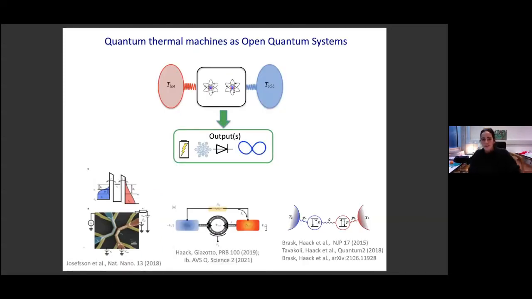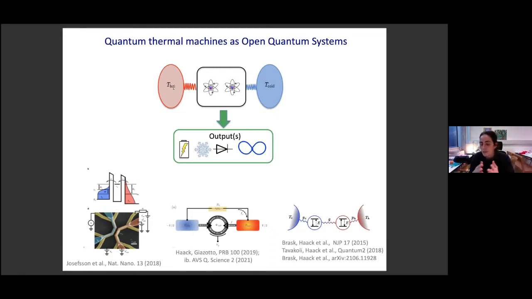First, this work was motivated by investigating the quantum dynamics of quantum thermal machines. Let me briefly remind, for those who are not so familiar, that in general, thermal machines can be seen as an open quantum system out of equilibrium, where you have a quantum system, a working fluid, coupled to several reservoirs.